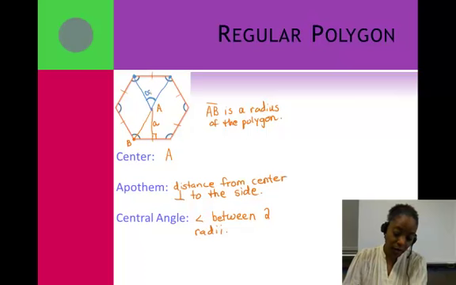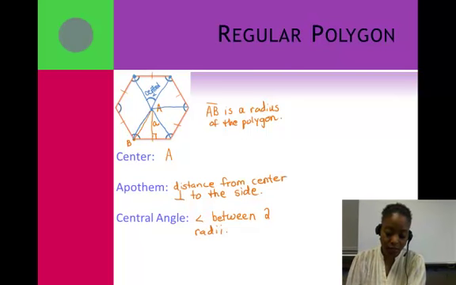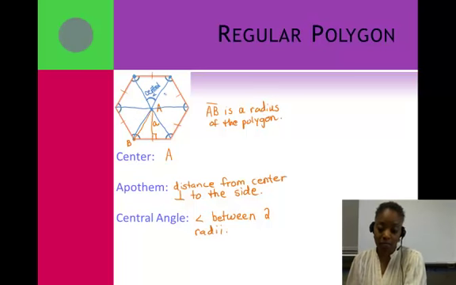This angle right here would be my central angle. And there will be several of those for as many radii as we can draw. If we drew another radius there, and another radius there, and another one, oh, we got that one in there already, and that one there. So this one would have 1, 2, 3, 4, 5, 6 central angles, and they will all be equivalent or congruent.